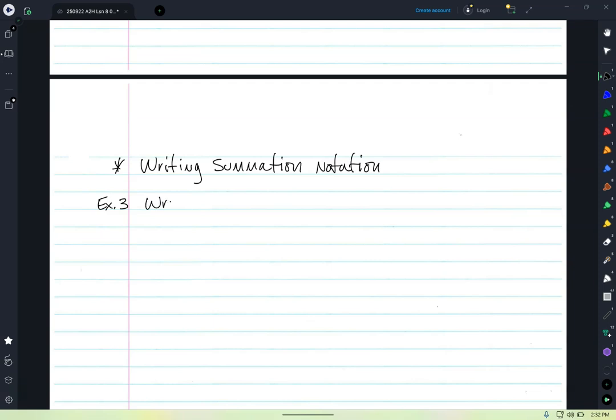All right, so you are going to write the following question in summation notation. And I'm going to have you write this all out so you recognize the language, so you know what you're being asked, right? Because it's important to know what question you're being asked. So you're going to write the following question in summation notation, and here's the question.